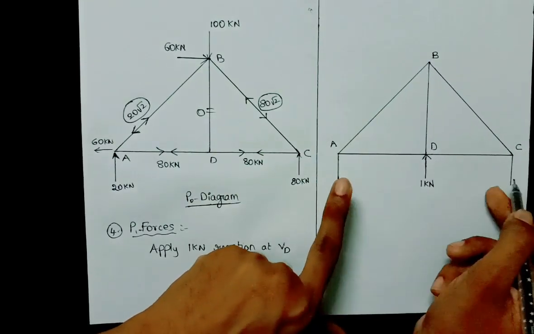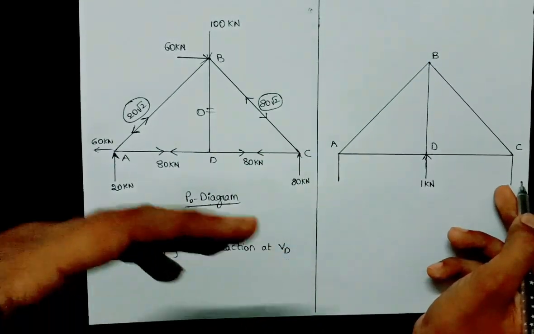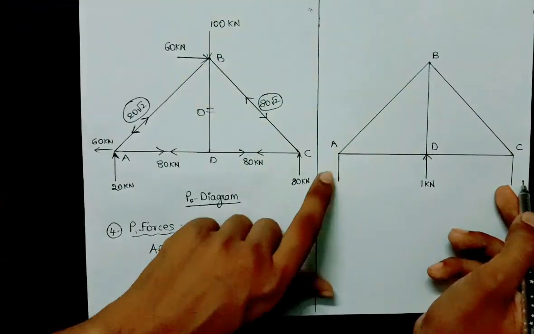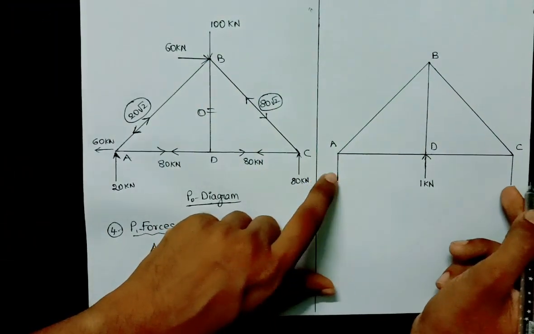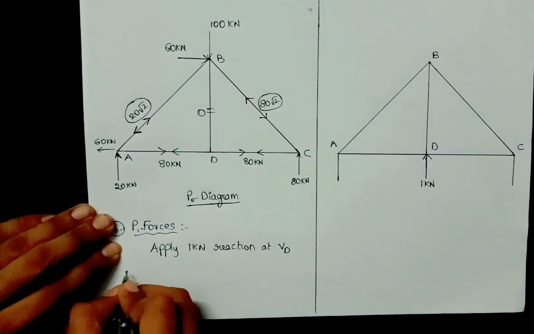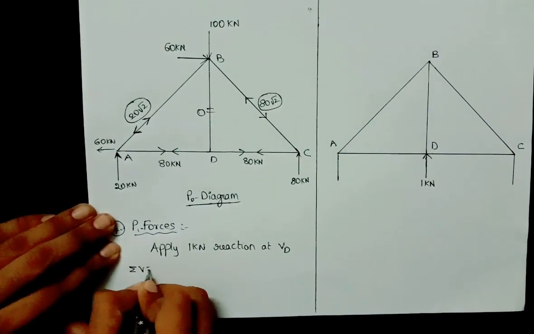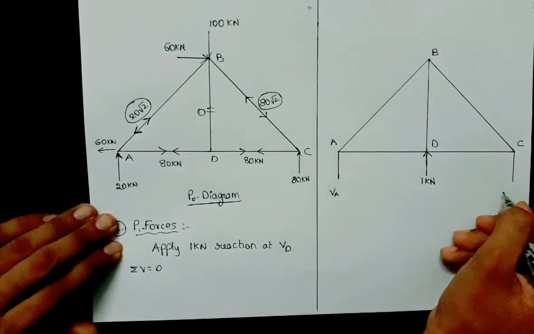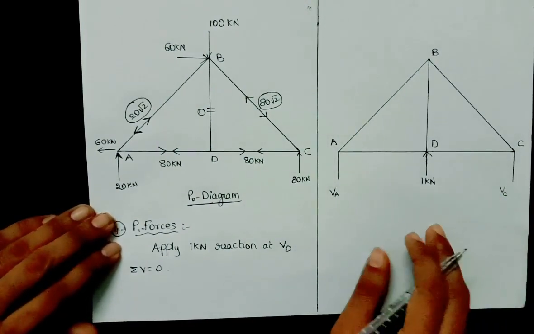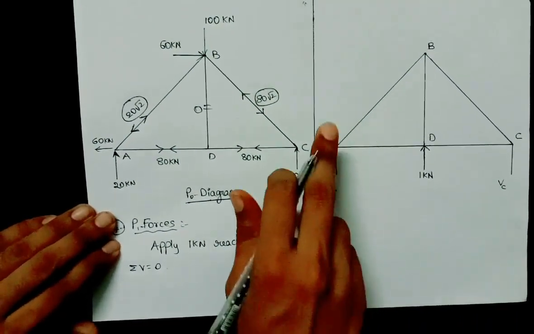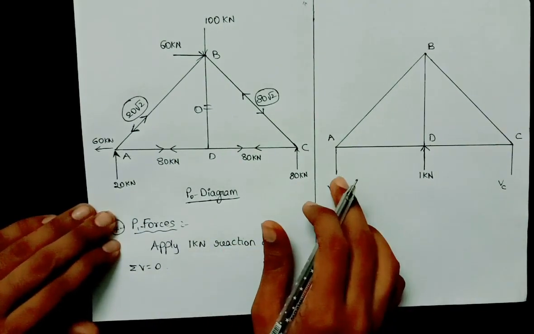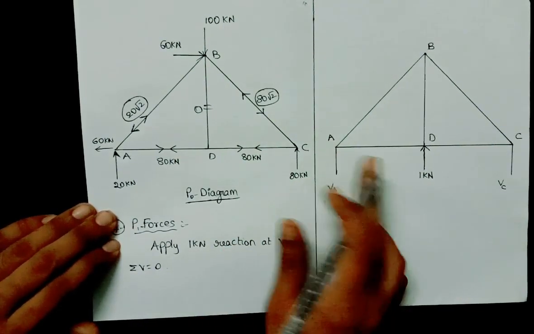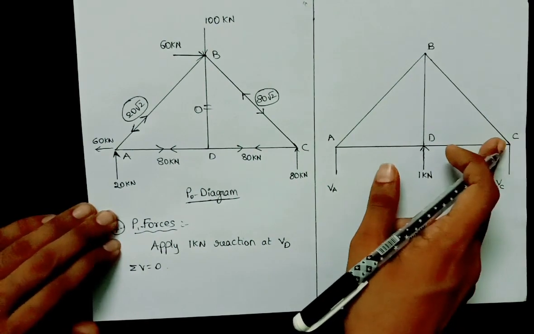I don't know whether the support reactions are in upward or downward direction, so I haven't placed any arrows here. So sigma V equal to 0. This is VA and this is VC. I am assuming the vertical reaction at A as upward, VC also upward.